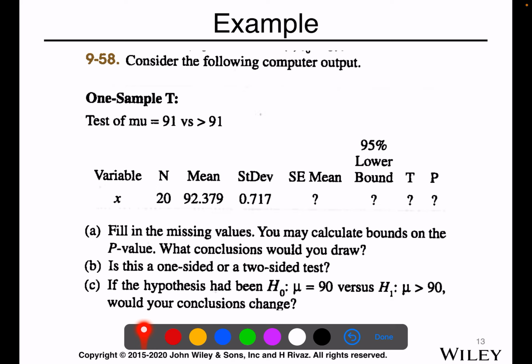We want to fill the missing values, meaning that we want to find the standard error of the mean and calculate the 95% confidence interval. Since we have 20 samples and the sample standard deviation, it follows the student's t distribution, so we can calculate t. And also we can calculate the p-value of testing this null hypothesis.